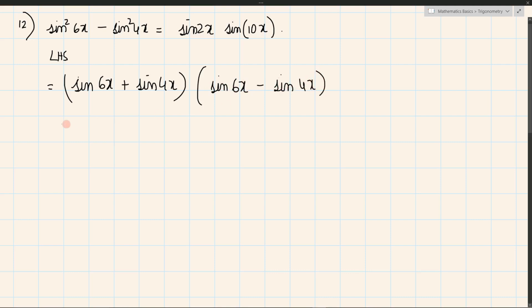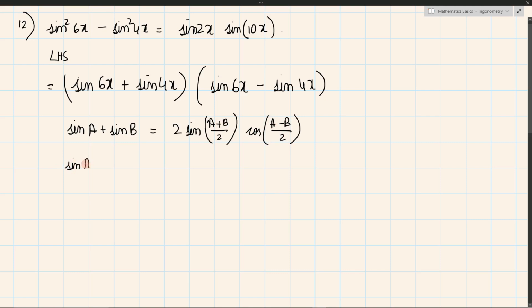So we know that sine a plus sine b is given as 2 sine (a plus b) divided by 2 and cos of (a minus b) divided by 2. Also we have sine a minus sine b is given as 2 cos (a plus b) by 2 and sine of (a minus b) by 2.